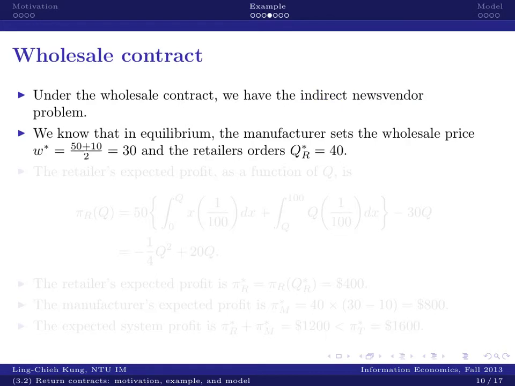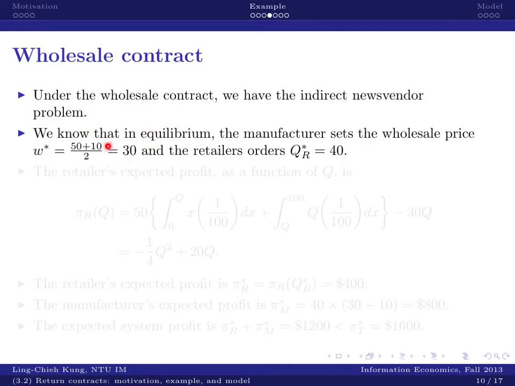Let's start to analyze the decentralized case. Under the wholesale contract, we have the indirect newsvendor problem. And again, we have solved this problem in the past. We know in equilibrium, the manufacturer is going to charge $30, which is the combination of the fixed retail price and the fixed production cost.